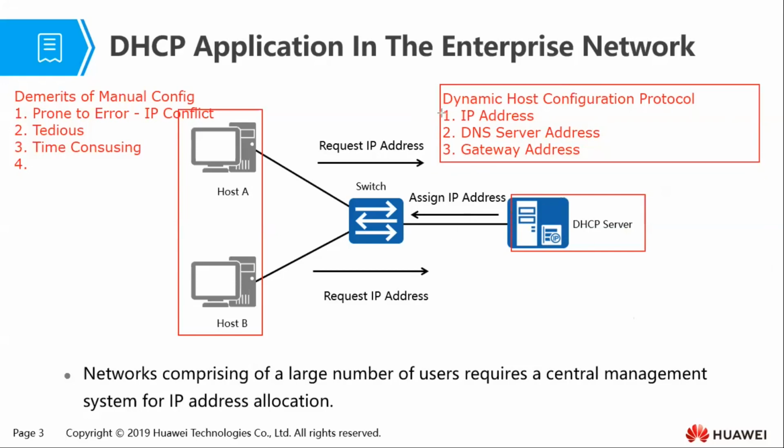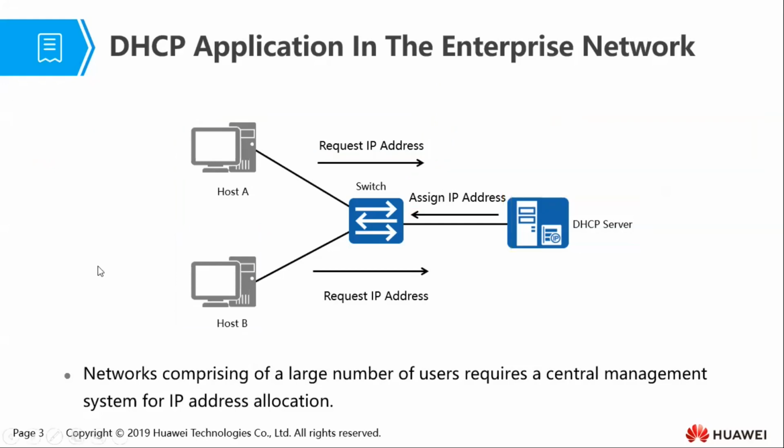So DHCP actually provides a client-server architecture where your end devices in your network can request for an IP address, and the server can assign an IP address together with other parameters to end devices in your network. So that automatic allocation of these network parameters is what DHCP is used for. So let's now look into DHCP and see how it operates.